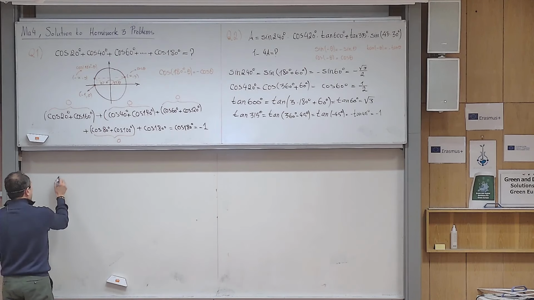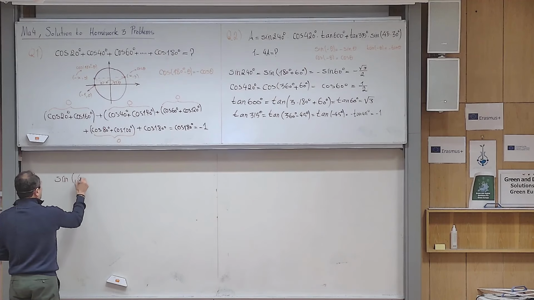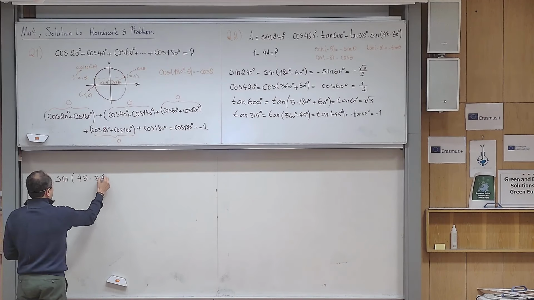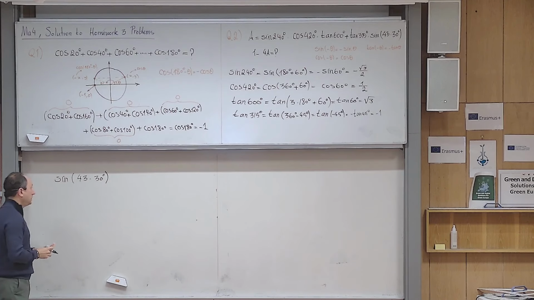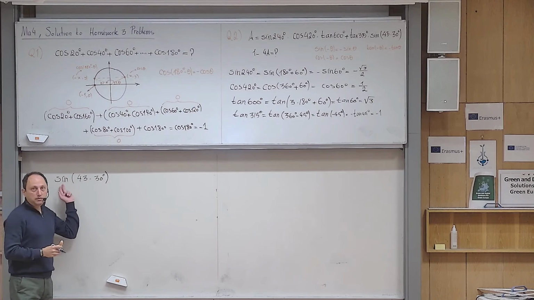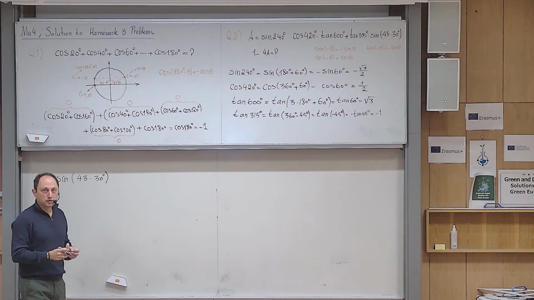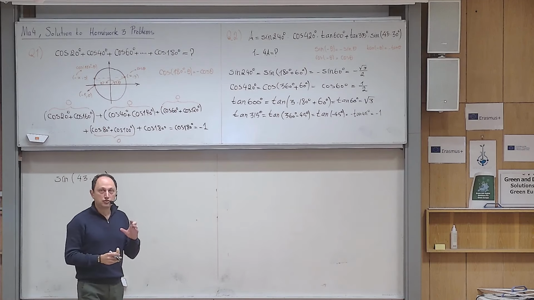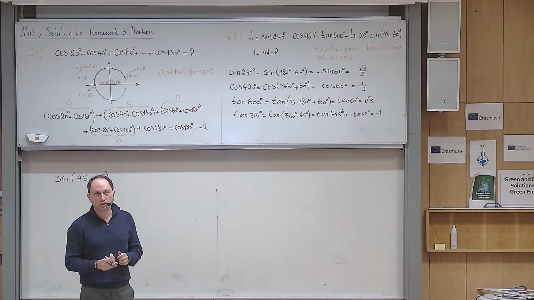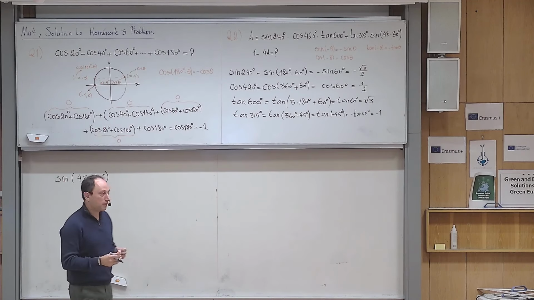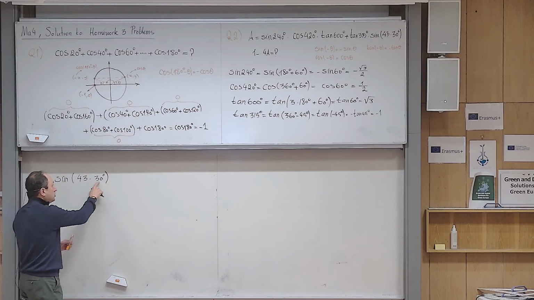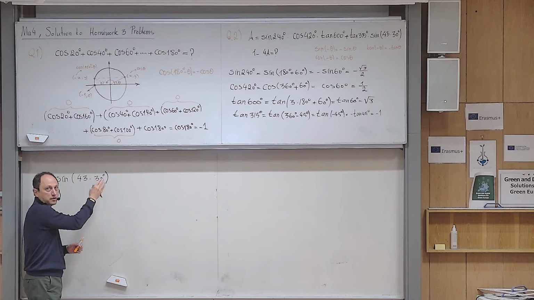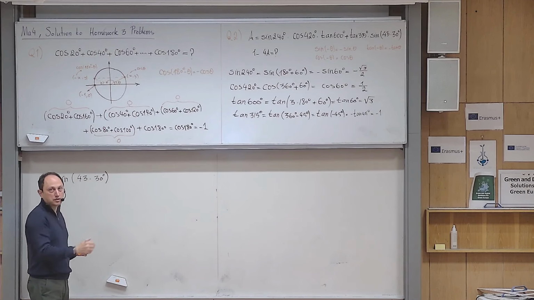So let me calculate sine of 43 times 30 degrees. Okay, I know that the period of sine is 360 degrees, so it means that any integer multiple of 360 degrees can be eliminated. And I already know that 12 times 30 degrees becomes 360 degrees.